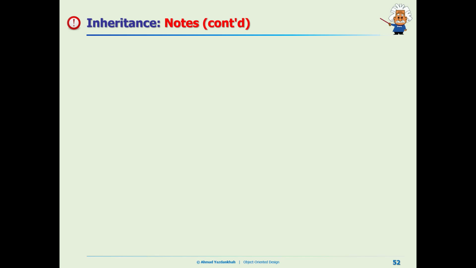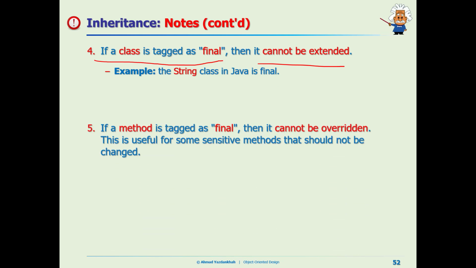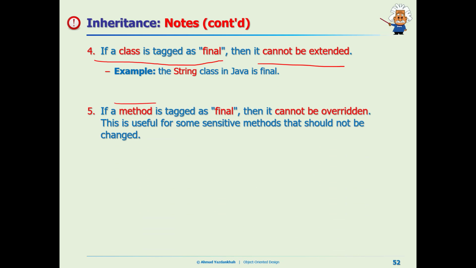Okay, so another point here, if you tag a class as final, it cannot be extended. All right. And also, if you tag a method as final, it cannot be overridden, right?